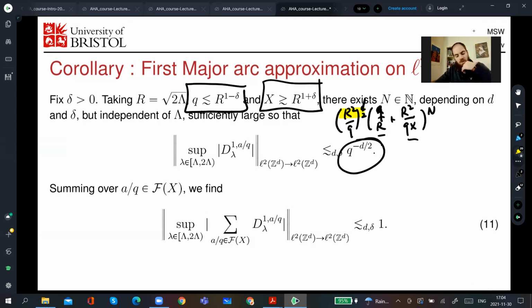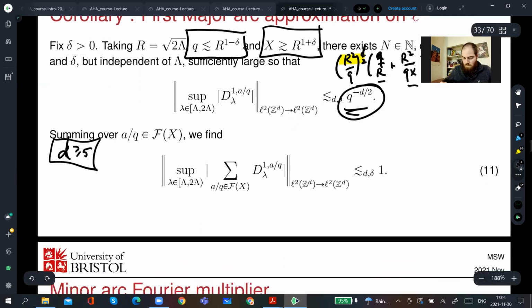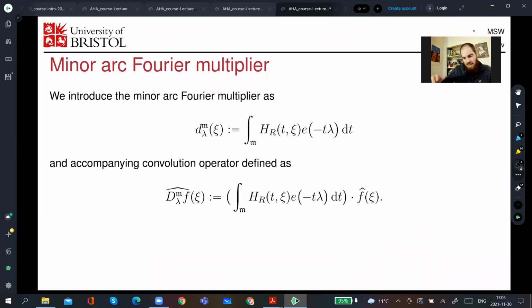And that just leaves us with q to the minus d over 2. And then you sum up over all the a's and q's. And since it starts at 1, and this is assuming, of course, d is greater than or equal to 5, we get that this sum is summable, and it's just O of 1. Okay. So I'll stop there for now, and we'll take a 10-minute break.